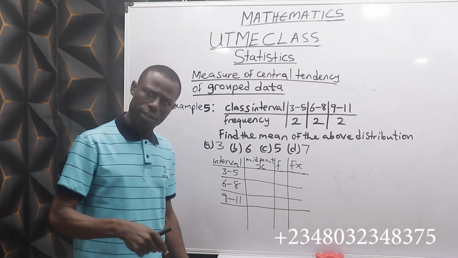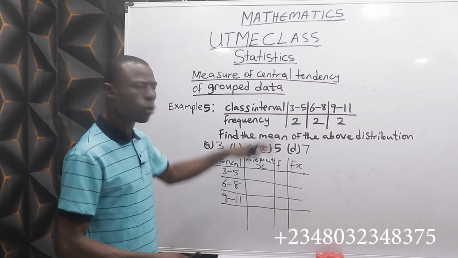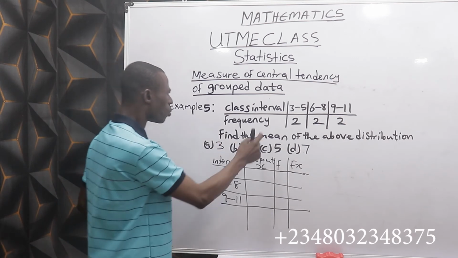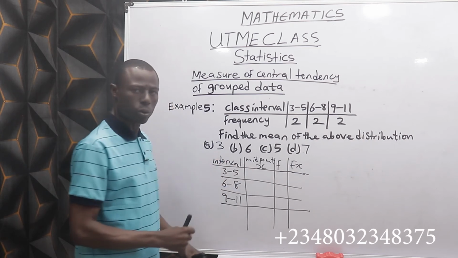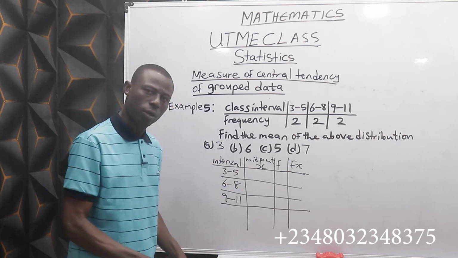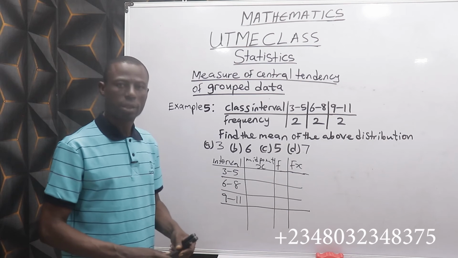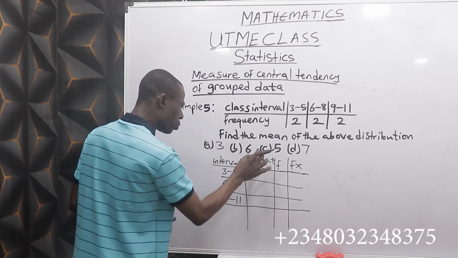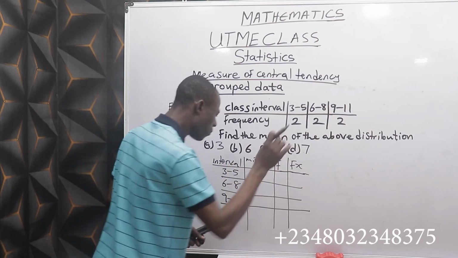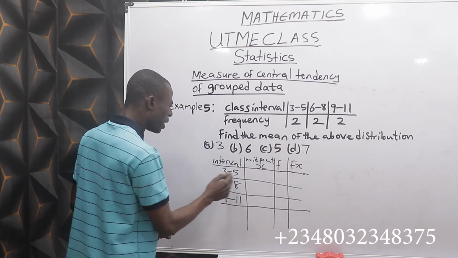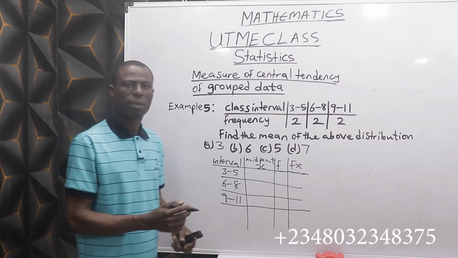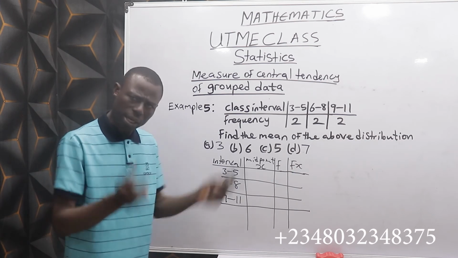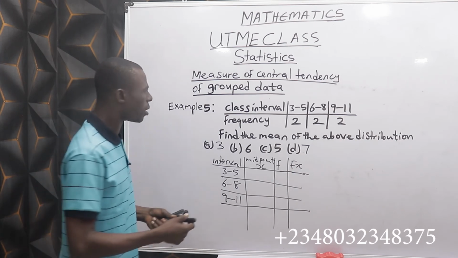So we need X. And in the interval, there is no X, except you create midpoint value, which represents the X value on a grouped data. So to obtain the X value, which is the midpoint value, you find the average of every interval. What do we mean by average? Mean. You find the mean of every interval.